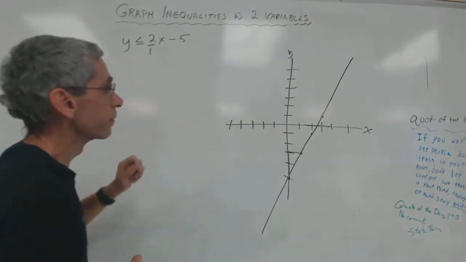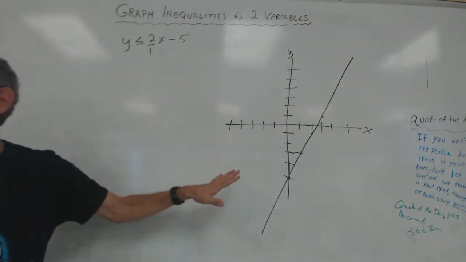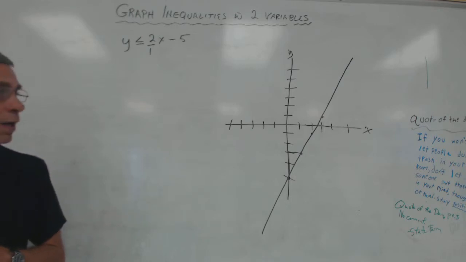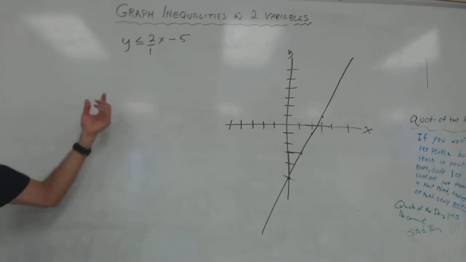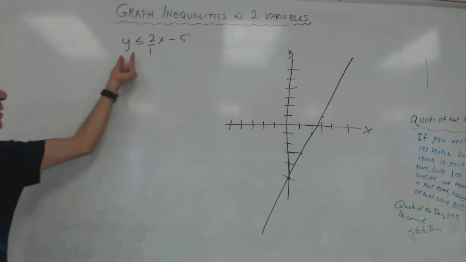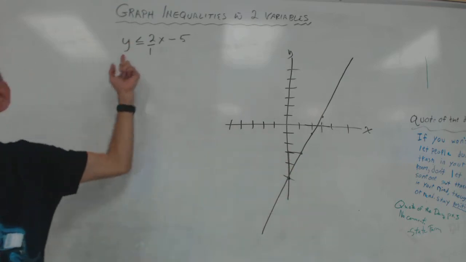Okay, beautiful. Now this is the tricky part. That part's pretty easy, right? This is the tricky part, and it's not hard at all, but people make it hard. Do we have to shade the down part of the line? You can't go by that, because it doesn't always work. She's saying it's always going to be the down part because it says less than.